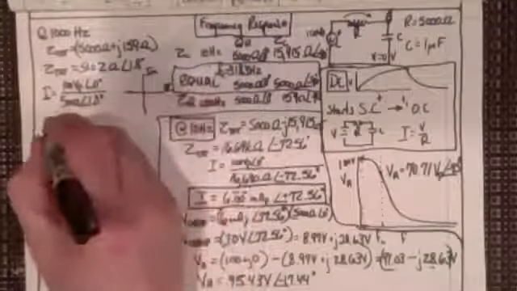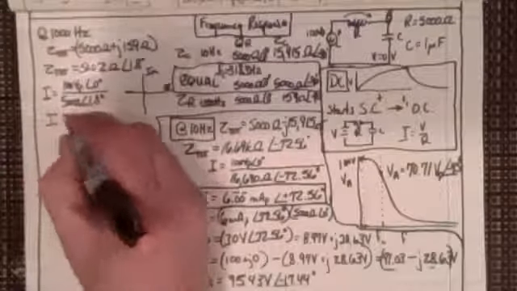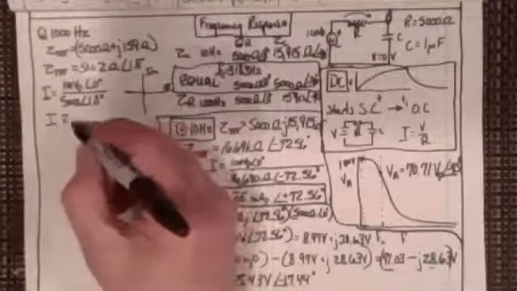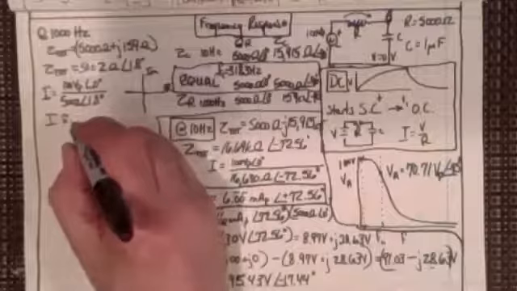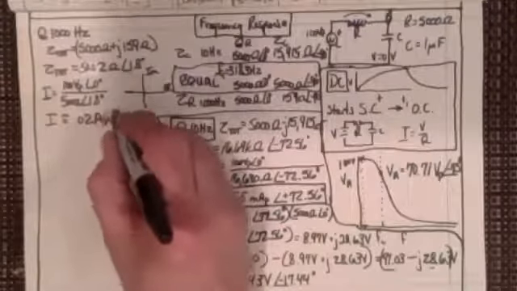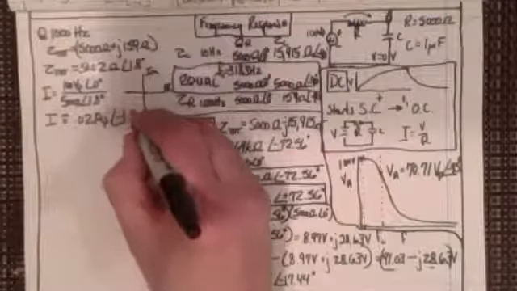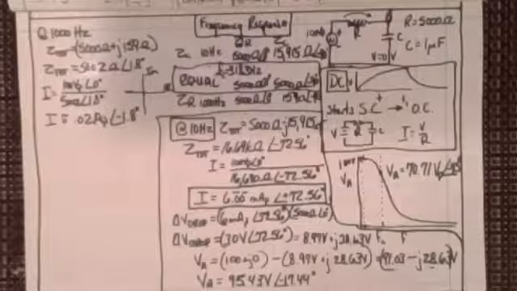So I'm going to say I approximately equals, because the difference between 5,002 and 5,000 is almost nothing, 0.02 amps peak at an angle of 0 minus 1.8, so that would be minus 1.8 degrees, right?